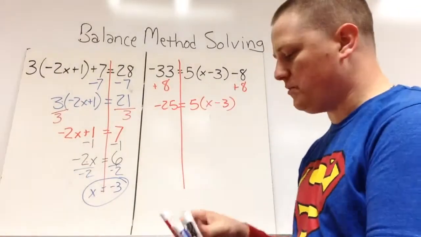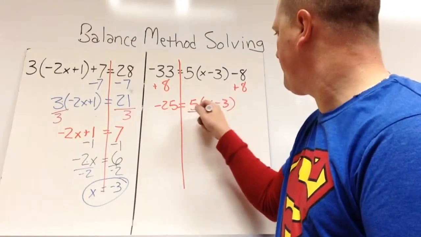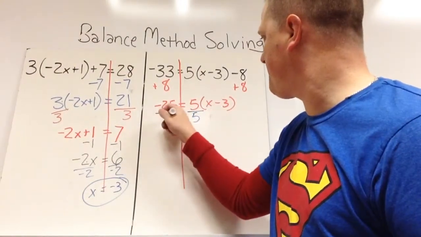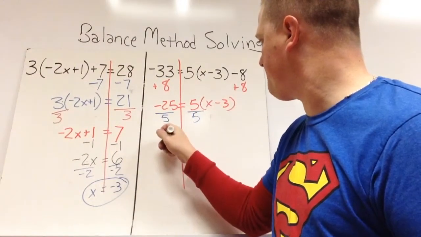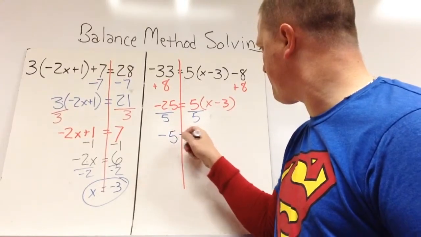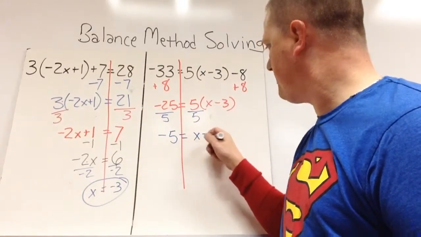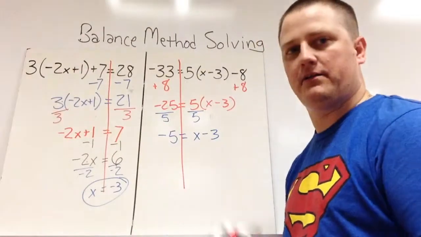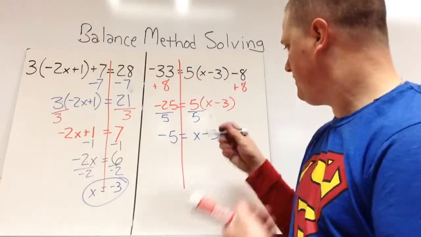Last thing we do here is multiply by 5. Don't need the parentheses anymore because there's no math outside.